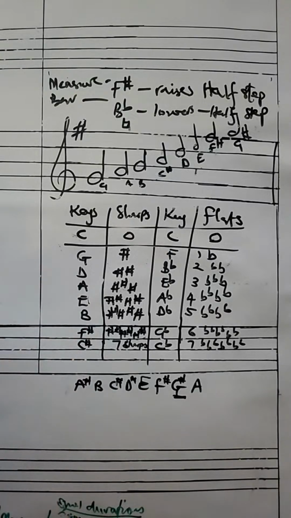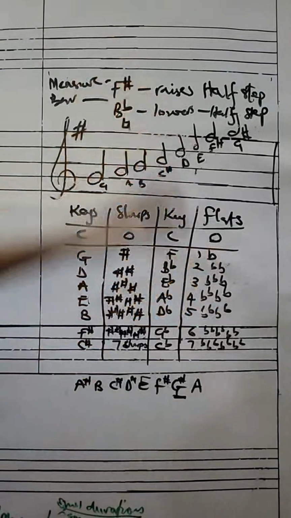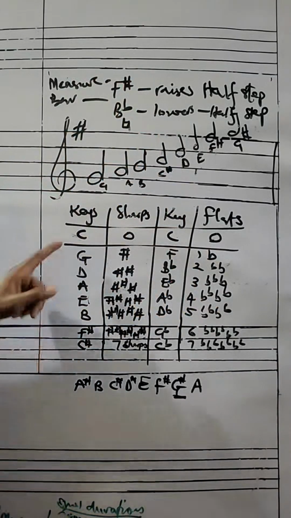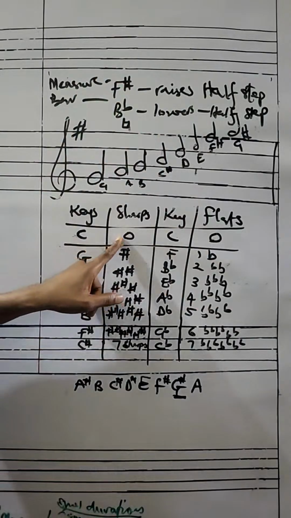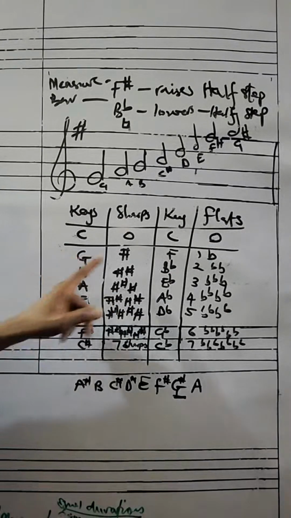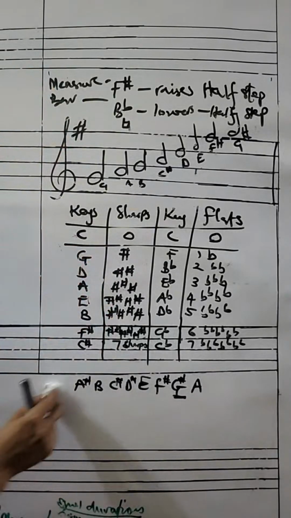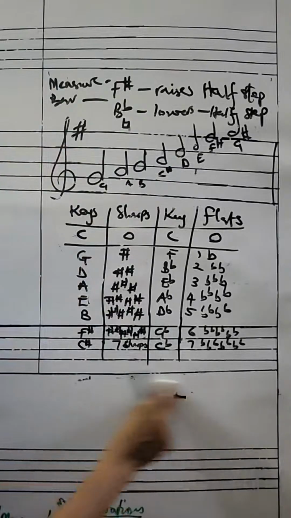So let me summarize this again before I go to something new. Now we have on the board already listed. I was not supposed to list this for you, but I decided to list it because of time. So now C, 0 sharp, 0 flat. The key that has one sharp is your what?